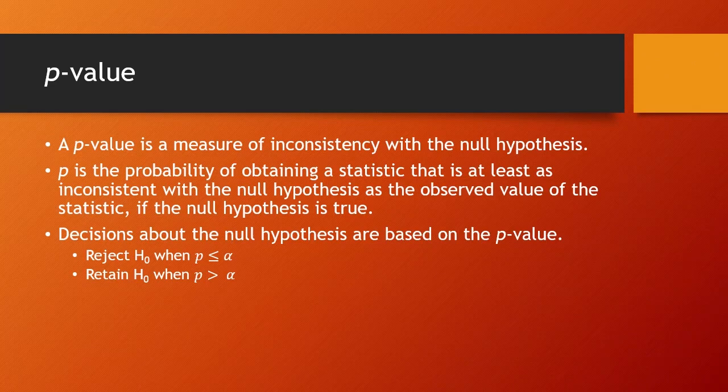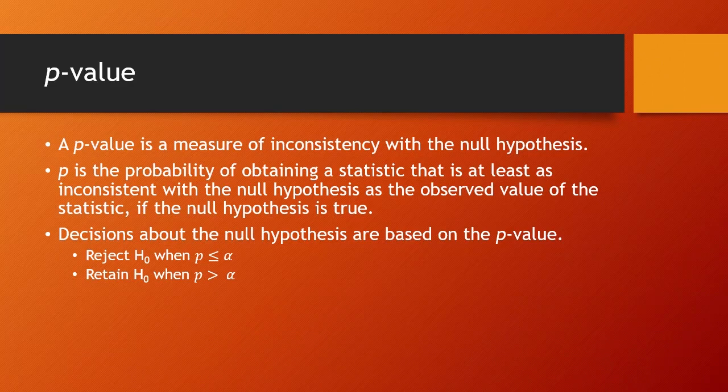A p-value is a measure of inconsistency with the null hypothesis, and the p-value in our case is 0.003, that little red area that I showed you. P is the probability of obtaining a statistic that is at least as inconsistent with the null hypothesis as the observed value that we have for our statistic, if the null hypothesis is true.